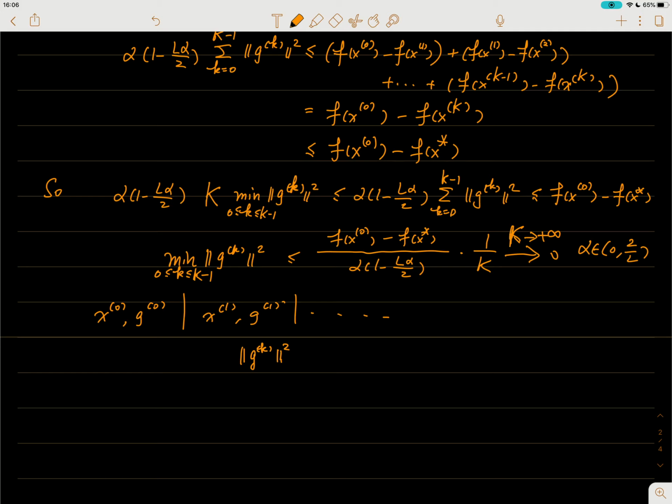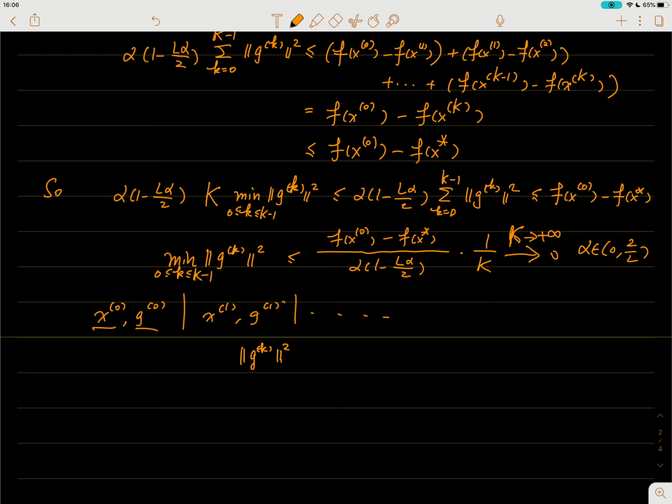So for example, at the first iteration we got x0 and g0, and we evaluate the norm of g0. We keep the value g and x. And next iteration we get these values, and then we check the norm of g1. If the norm of g1 is smaller than that of g0, we just replace the record we have by g1 and the corresponding x1. If the g1 norm is bigger than the g0 norm, we do not replace it, we just keep the original record.